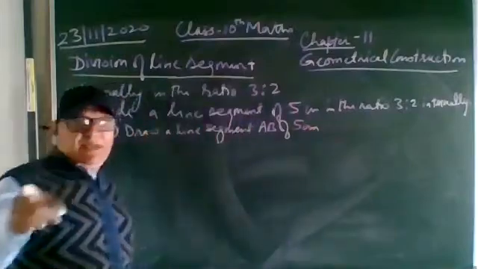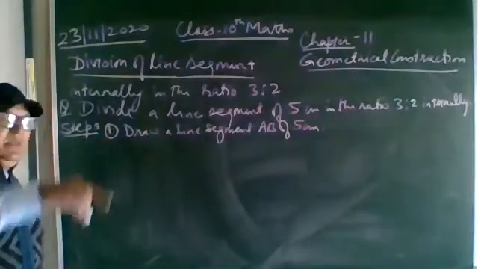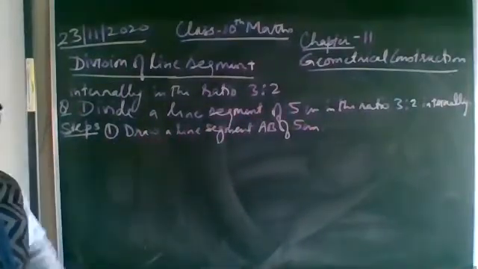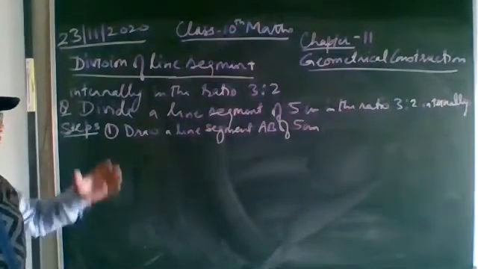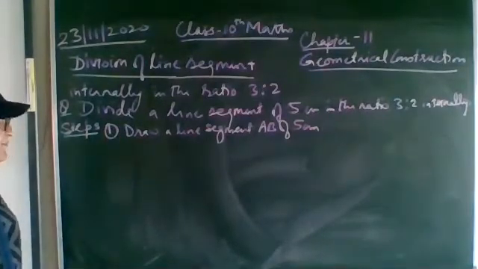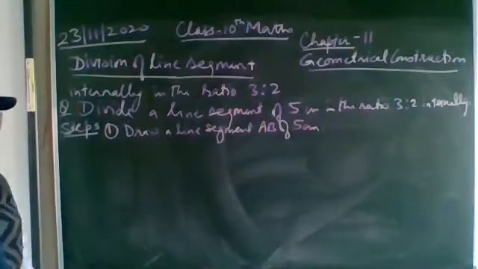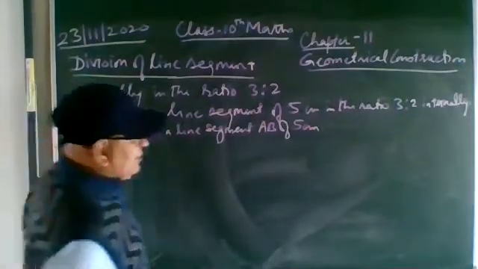Now the point P, which will be dividing AB in the ratio 3 is to 2, will be between A and B. So draw a line segment AB of 5 centimeter.